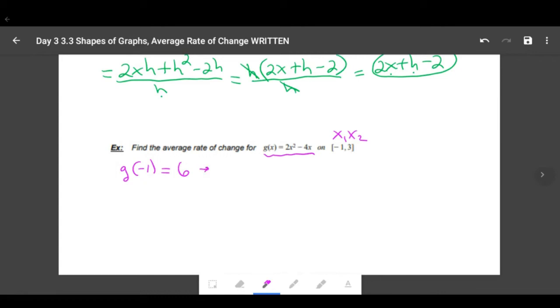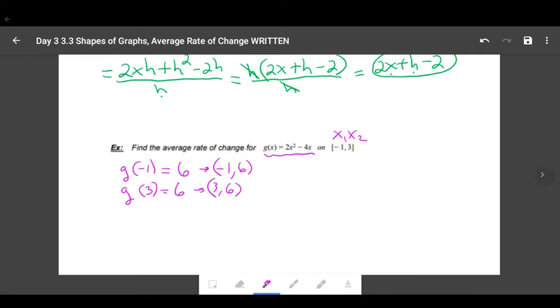Well, that just means one of the points we're talking about is -1, 6. Now, the second thing we need is g of 3. Again, you have the equation, you're showing great function notation. If you plug in the 3 right here, you should also get a 6, right? So hopefully there you're being careful. So that just means now that we have the coordinate 3 comma 6.